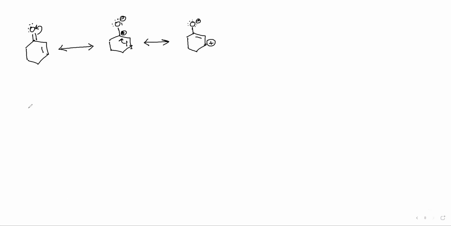What more examples can we see? More examples we can see are CH2 double bond CH, single bond CH, and a double bond CH2. So what will happen here? Like this. And in one go, you can show it like this.